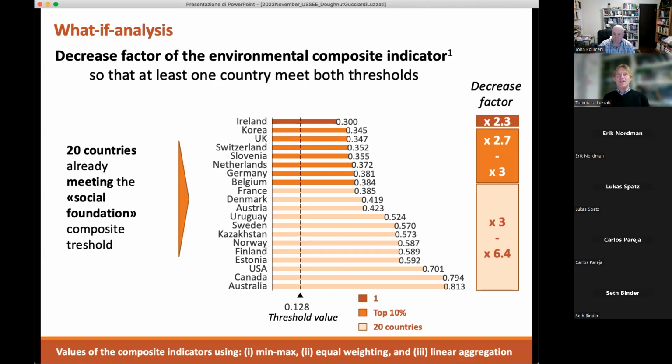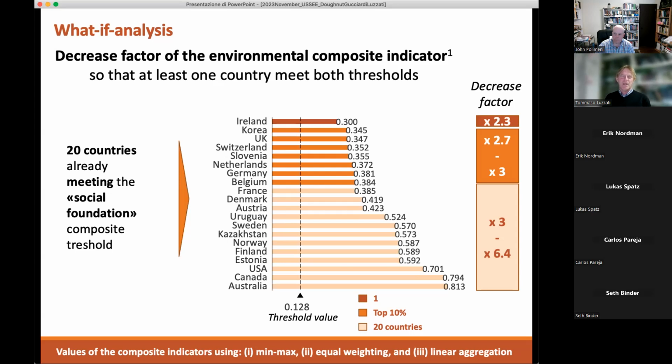But also, in another part of the paper, I don't know whether I have the slide here, we also consider countries that are outside the donut for both composite indicators, but still are rather close.